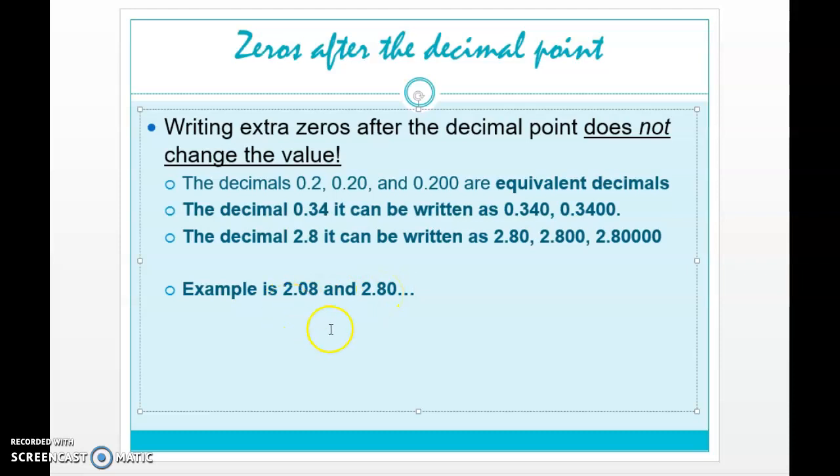So when you are comparing these two decimal numbers, 2.80 will be greater than 2.08.